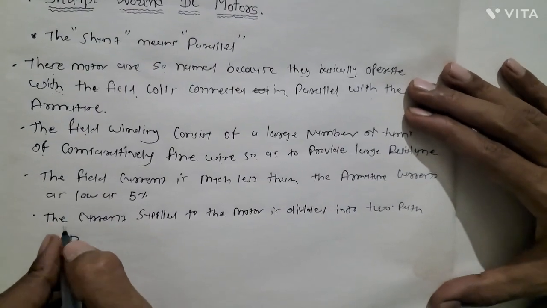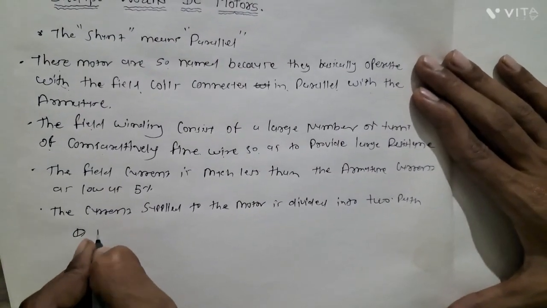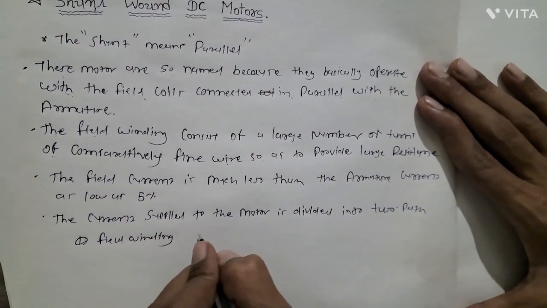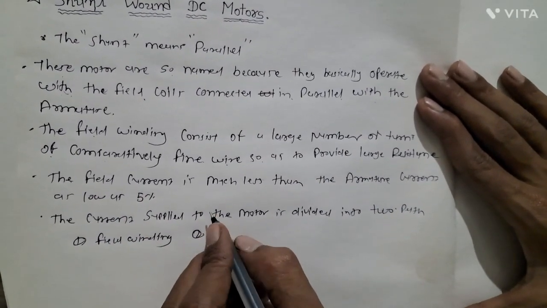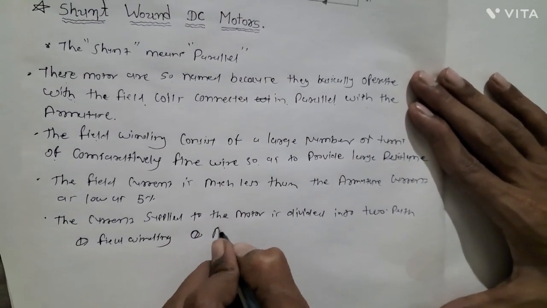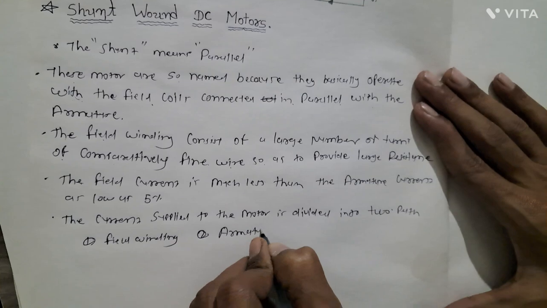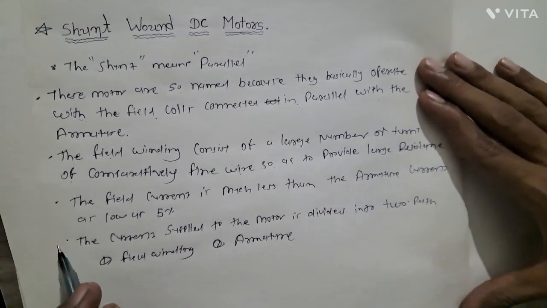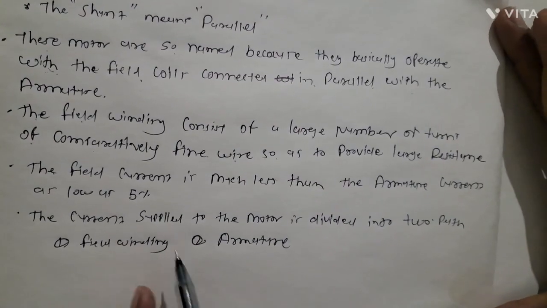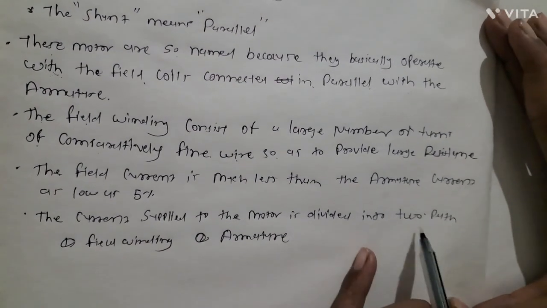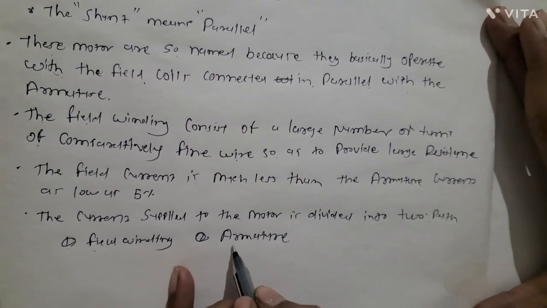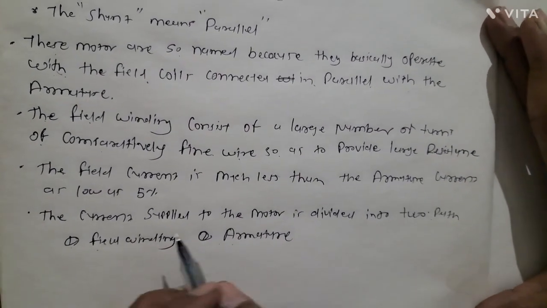First is the field winding and second is through the armature.